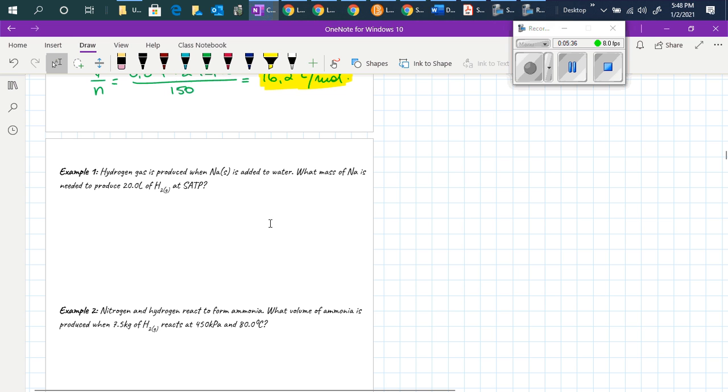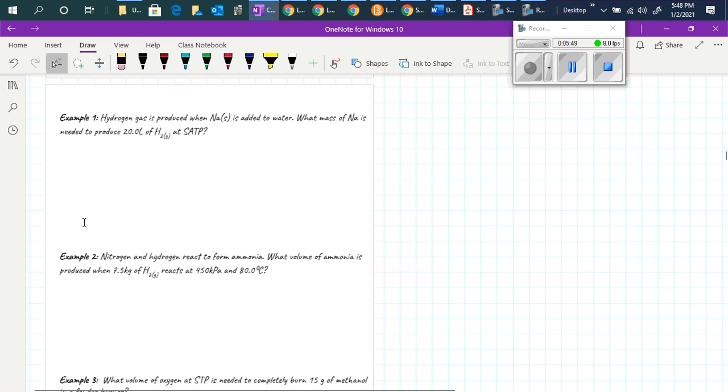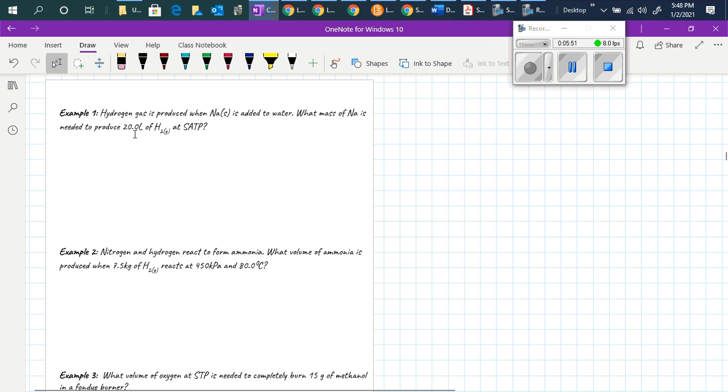Let's work now some examples here. So we have hydrogen gas is produced when sodium is added to water. What mass of sodium is needed to produce 20 liters of hydrogen gas at SATP conditions?